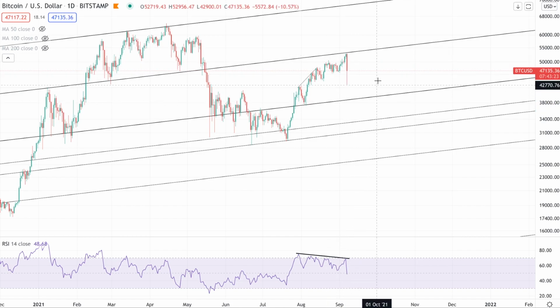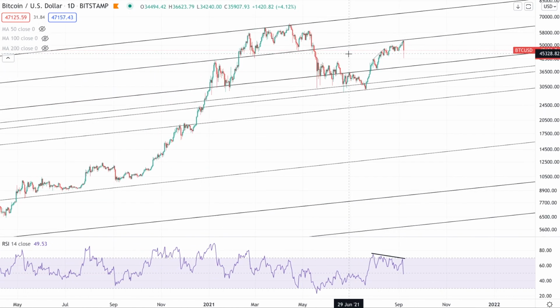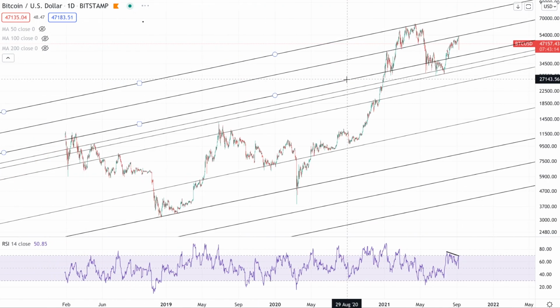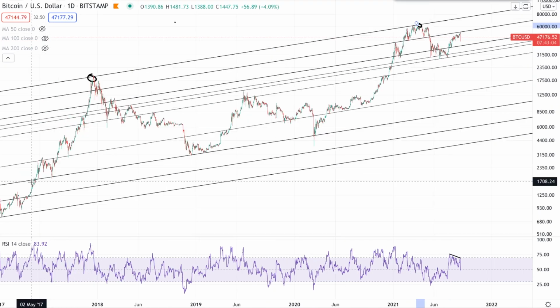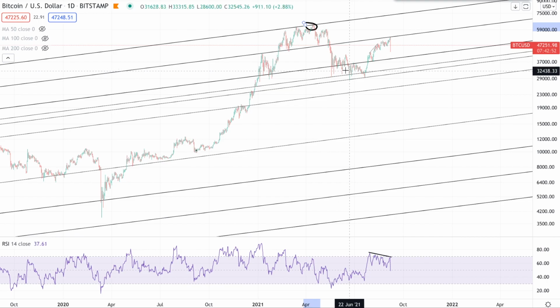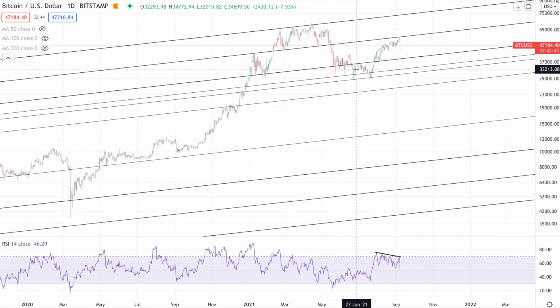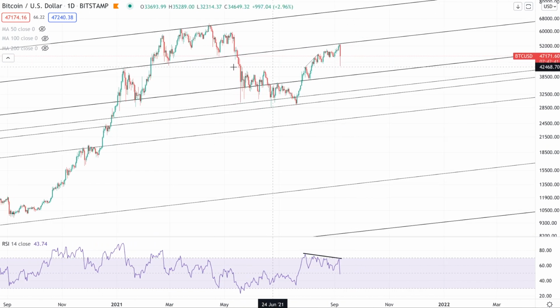Now, what I am really happy about is that these trend lines that I have on this chart are working like magic. Look at this. We've been watching these trend lines ever since this top here, where we were able to get these two reactions and identify this channel that's actually been working throughout the past 3-4 years. It acted as support on this move down here throughout the summer, and we were watching this line here for a resistance level at 53K.